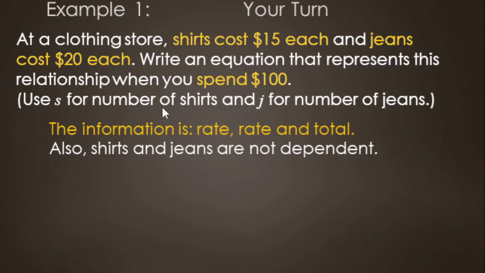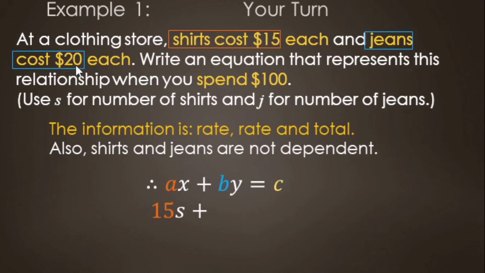So here we go. That means rates and a total, which does mean we're using standard form. Rate for the first one: shirts are $15 each, so that's $15 per shirt. And then we're going to add to that $20 per pair of jeans. And that's going to equal a total. How much did we spend? We spent $100 total, so equals 100. And boom, there you go.